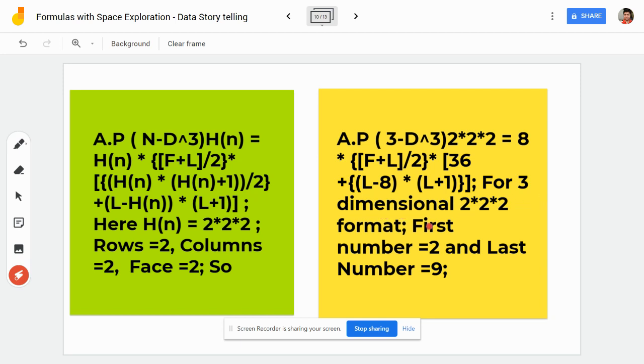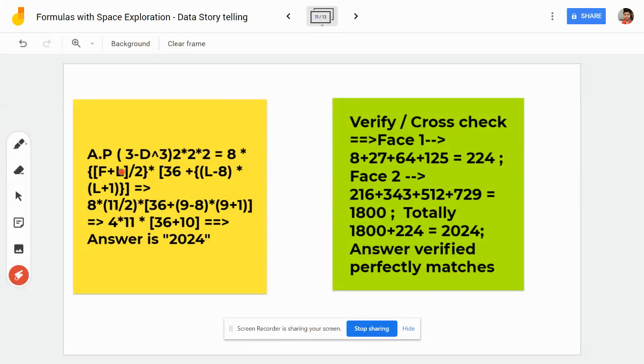For three-dimensional, we have this format, and the first number and last number are 2 and 9 cubed. When we apply this formula for the first and last number, we got the result 2024. When we verify or cross-check it, we sum up the first face and second face values all together, and then we got this same result. So we got the result working perfectly, and it matches our formula.